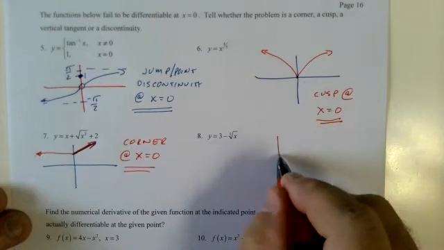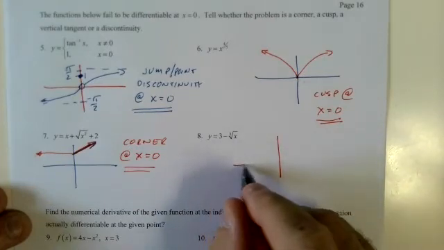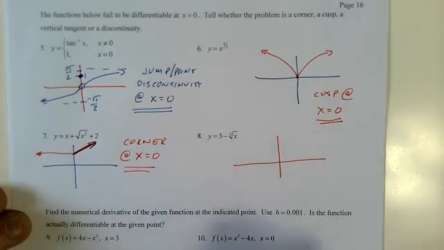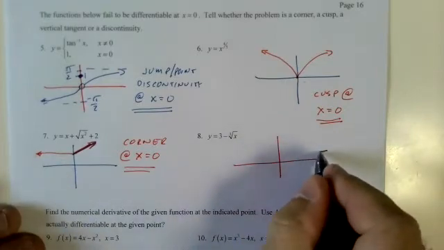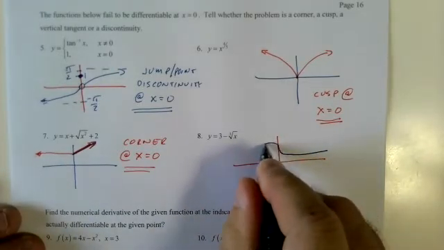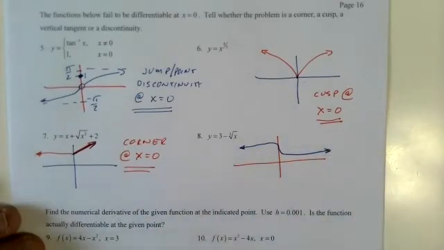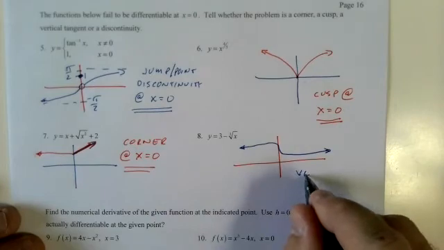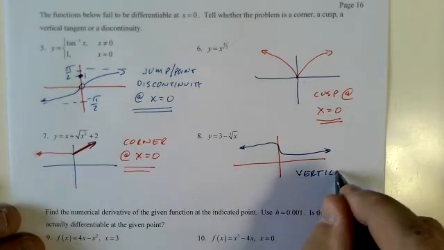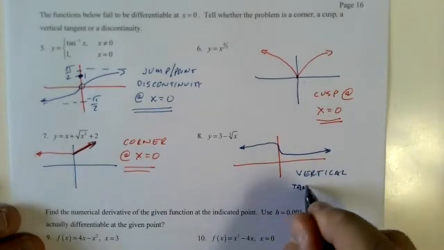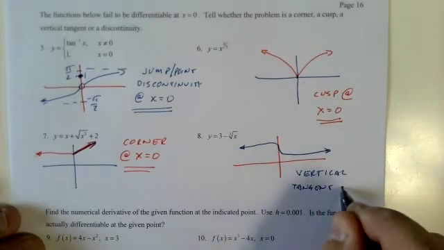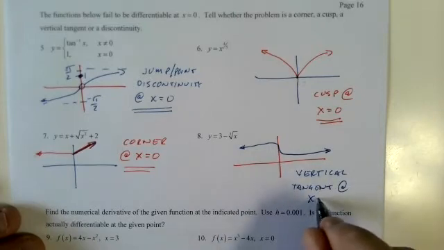And then here, these vertical tangents are a little tricky to draw. So we go with vertical tangent at x equals 0.